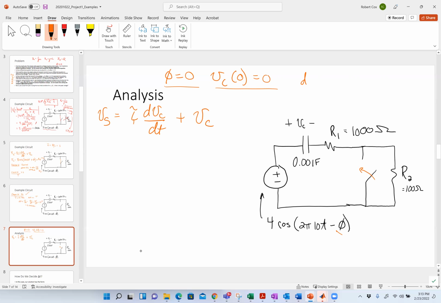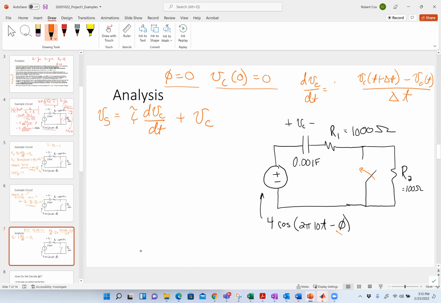So we have dVc dt is the limit as delta t goes to 0 of V sub c of t plus delta t minus V sub c of t, all over delta t, like that. And we said, well, if my delta t is small enough, that's the whole point. My delta t is small enough, what do I do with the limit?